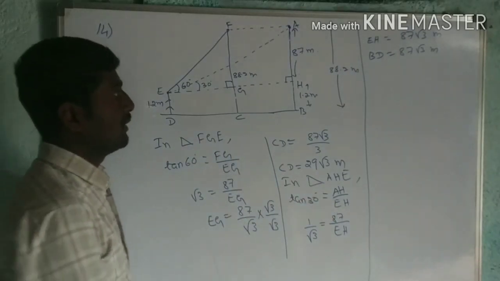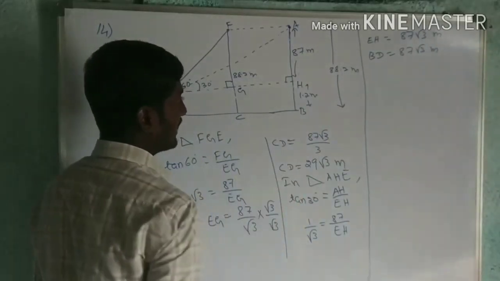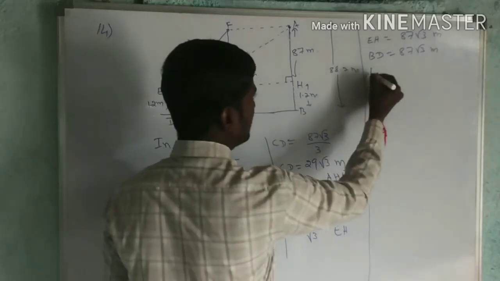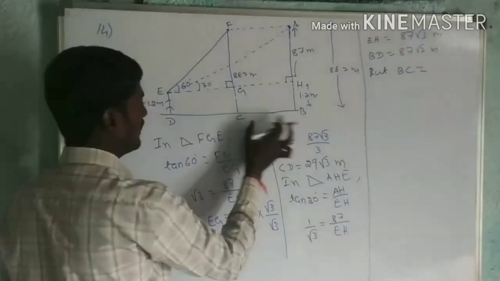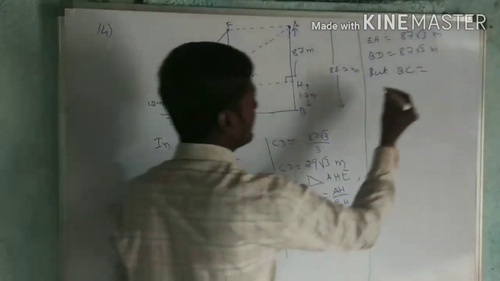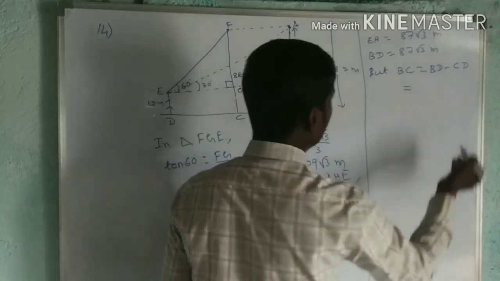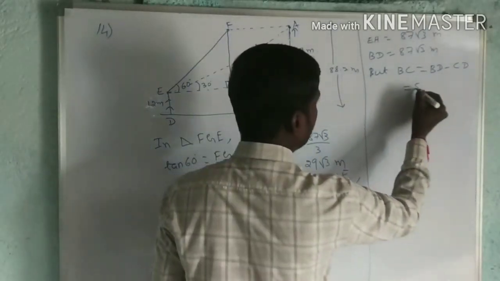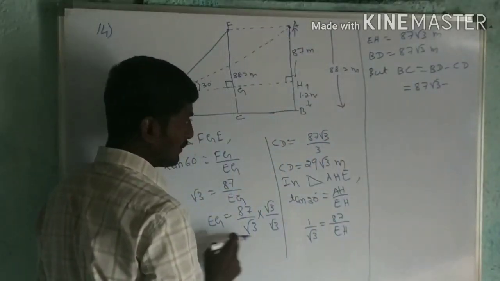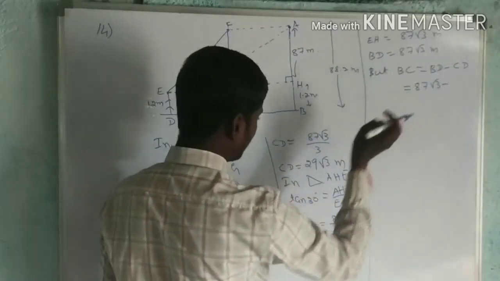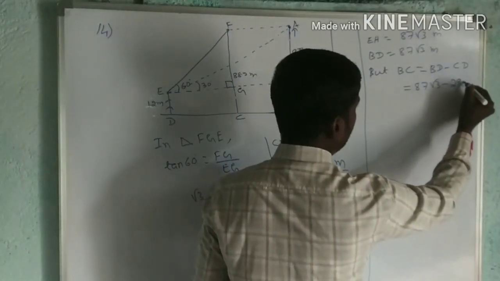Now I got BD, and I got CD. Then I have to find BC. This BC can be written as BC is equal to BD minus CD. BD value is known, 87 root 3, minus CD value, which is also known, 29 root 3.